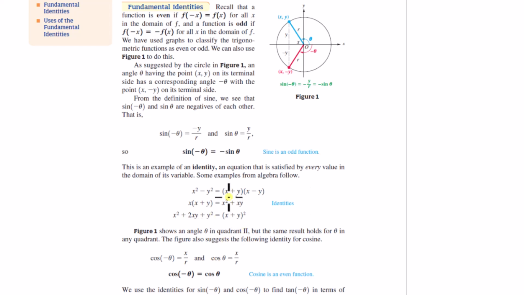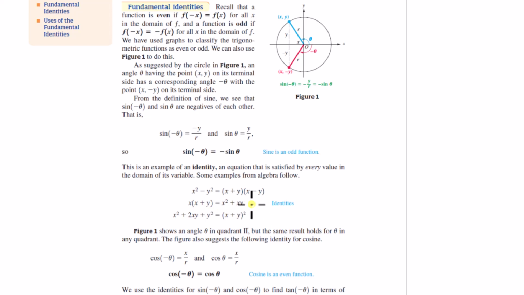Well, yeah, but what they're illustrating here is the difference of two squares formula, right? x squared minus y squared, you could write like this: x plus y times x minus y. The perfect square trinomial is shown here. So that's the usefulness of them.